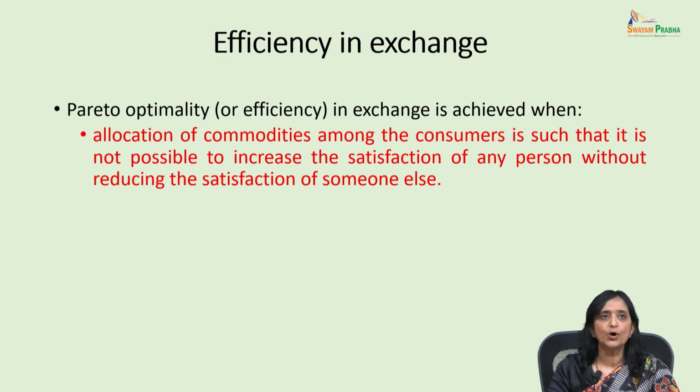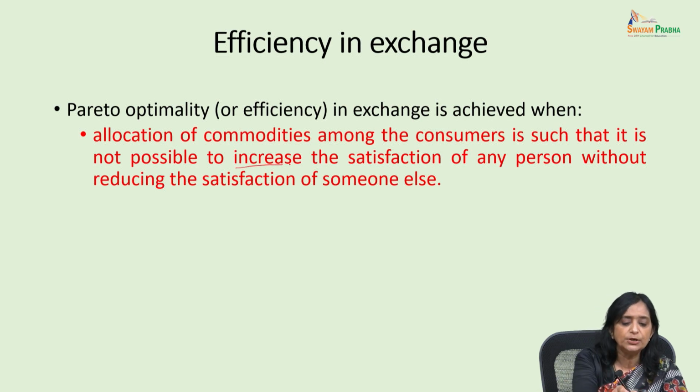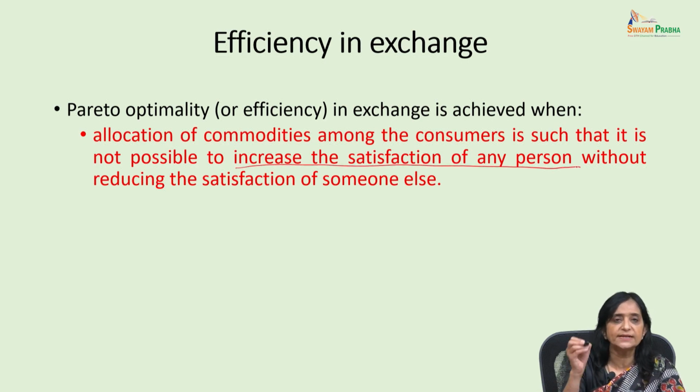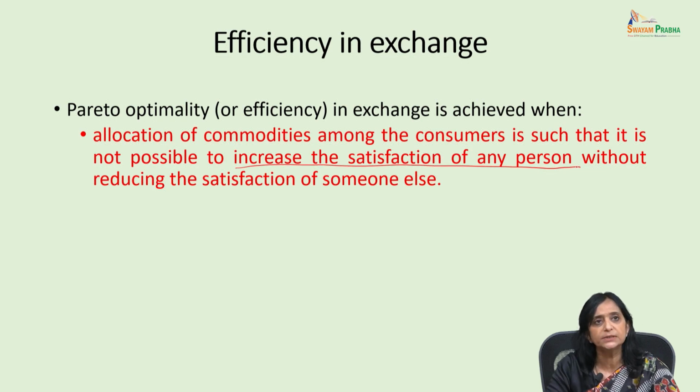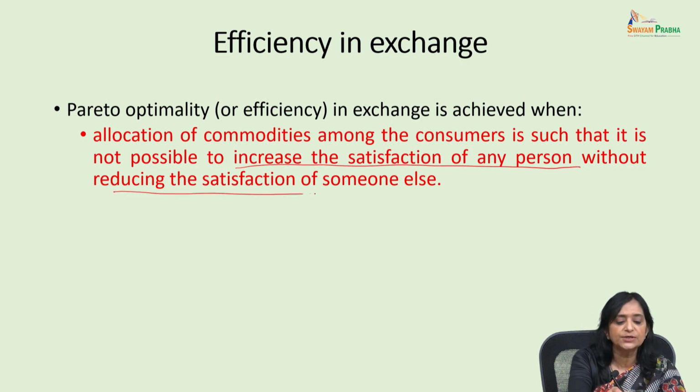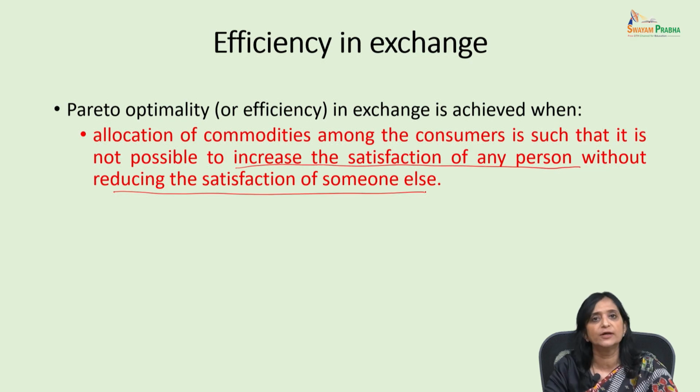So, if we want to achieve efficiency in exchange, Pareto optimality, then the allocation of these commodities amongst these two consumers should be such that we should not be able to increase the satisfaction of any one person without reducing the satisfaction of someone else.